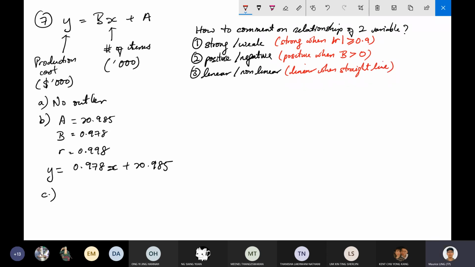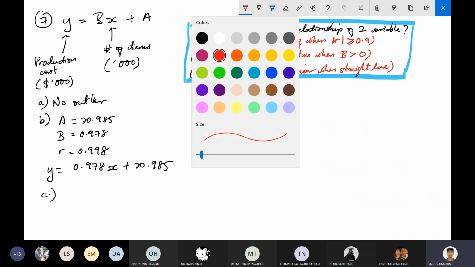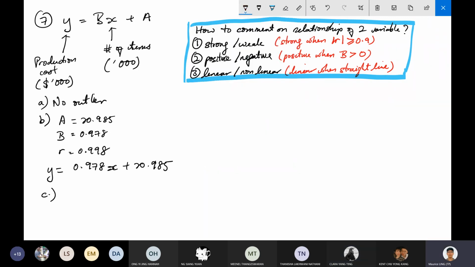So this is the simple rule. Wait, so we don't need to use the ones in the notes, like very weak, weak, moderate, strong, very strong? Just need either strong or weak? Yes. Okay. So how would you describe it? There's a strong positive linear relationship between the production cost and number of items produced.